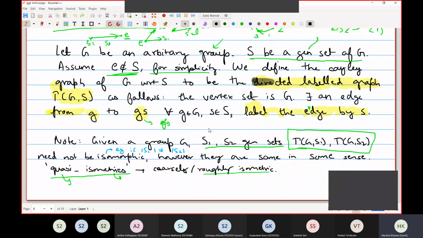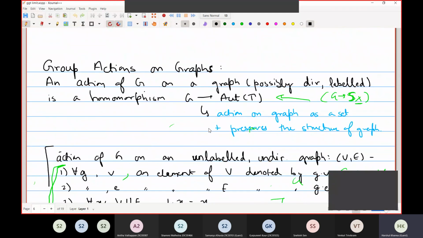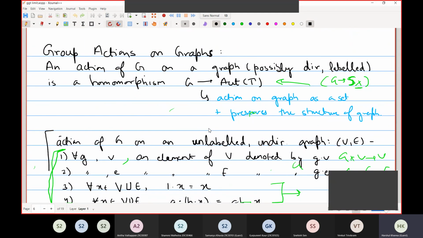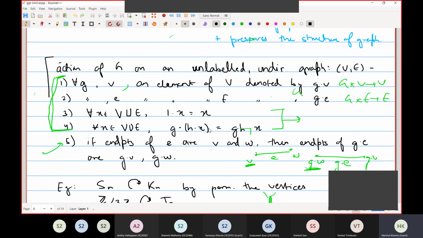So basically we defined what graphs are, and then what the automorphisms of a graph are, and then the action of a group on a graph is basically a normal action of a group, plus it preserves the structure of the graph.